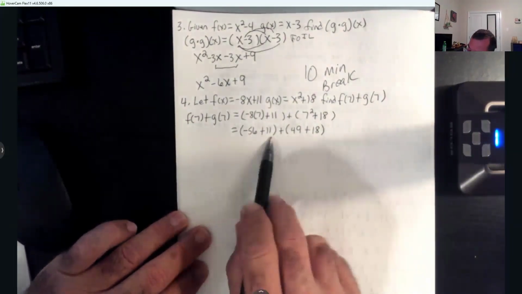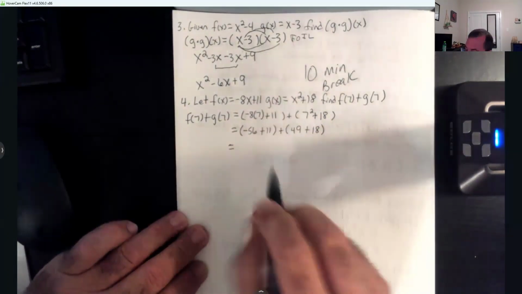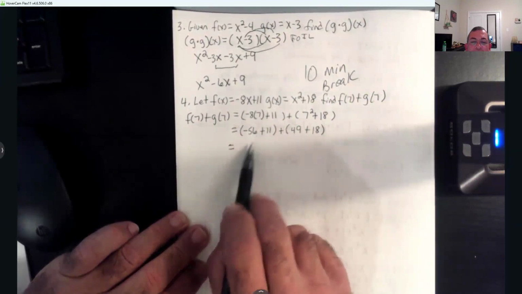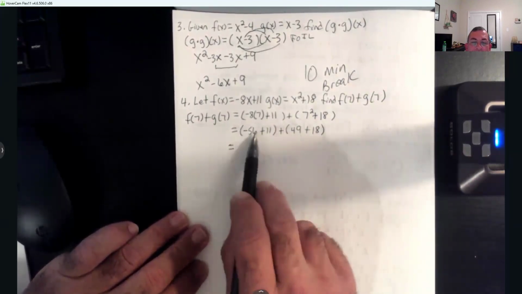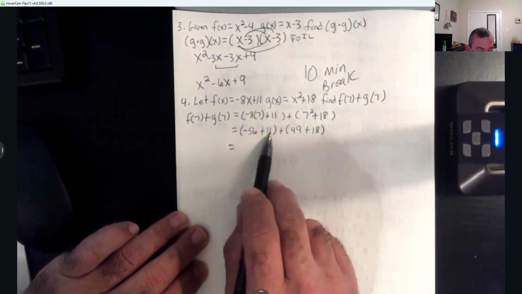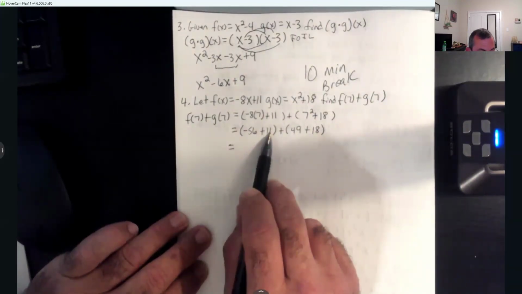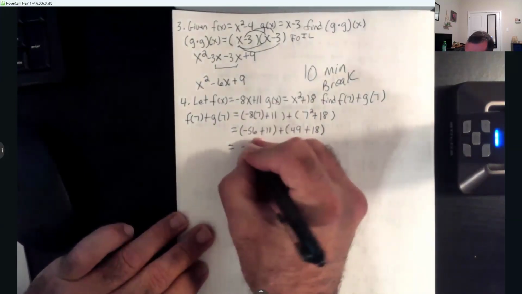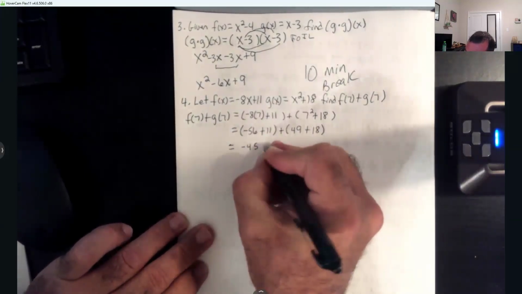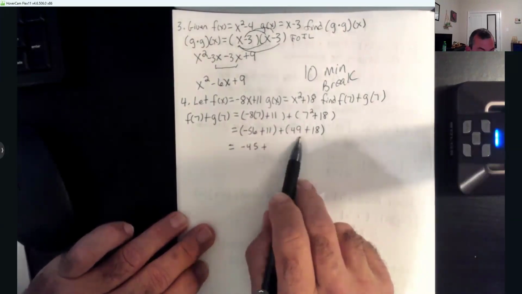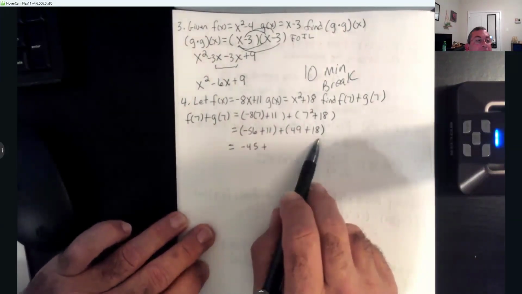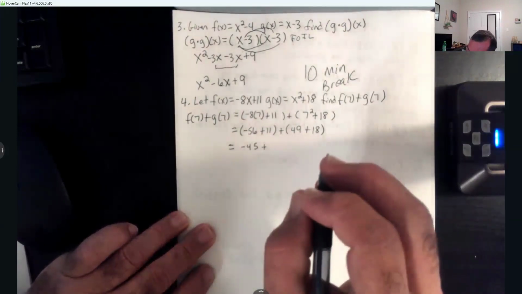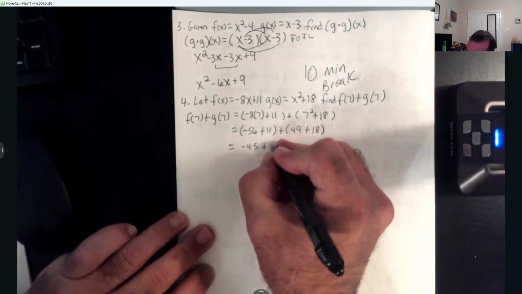All right, so I'm down to the last step in each parentheses. So since there's only one operation left, I can drop parentheses once I do my adding. So negative 56 plus 11 is a negative 45. Over here, I got 49 plus 18, which is what, a 67.